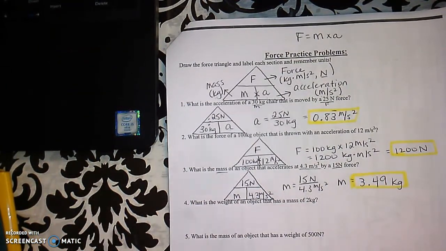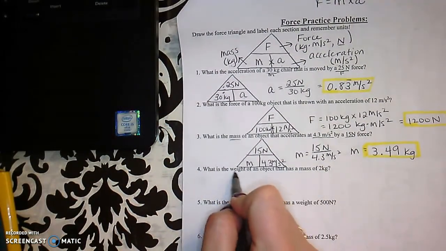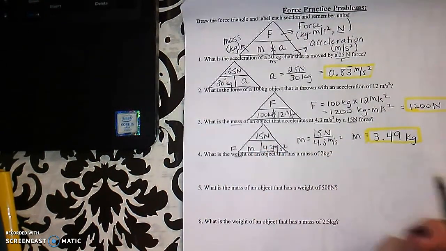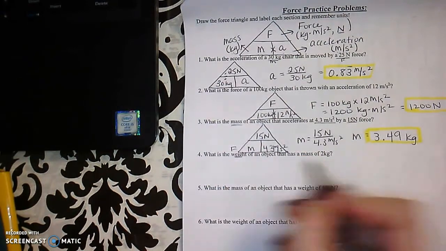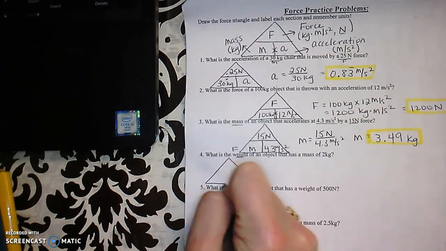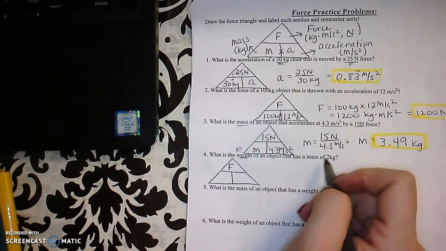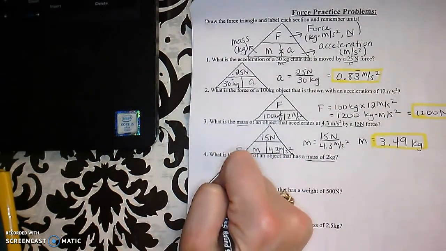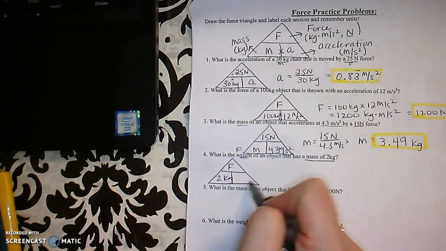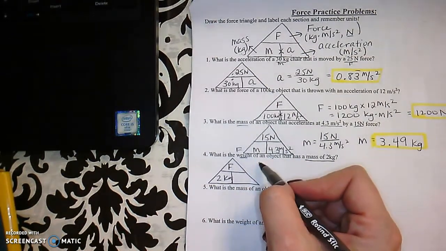Okay, so we're going to switch it up a little bit with this problem. Number 4, what is the weight? Remember, weight is the force of gravity pushing down on an object. So when they ask you to find weight, you're really looking for a force. The object has a mass of 2 kilograms, and that's all they tell me. So there's a number here that I have to know. It's associated with gravity because weight is the force of gravity.